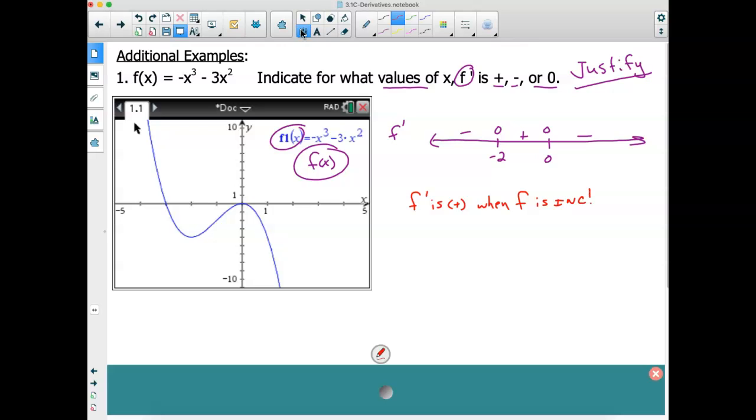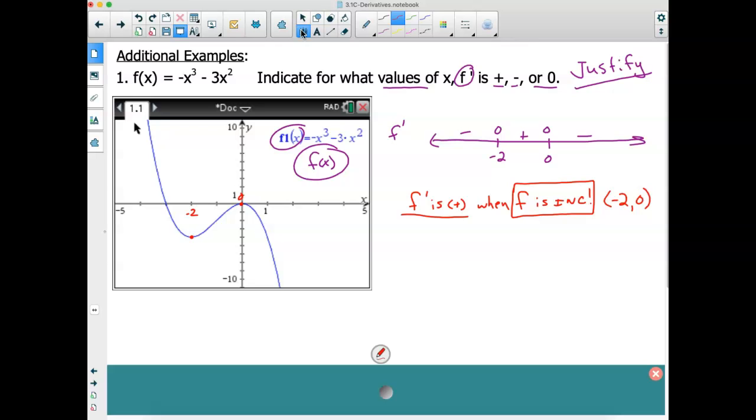When is f increasing? From -2 to 0. That is the interval on which f prime is positive, and your justification is because f is increasing.